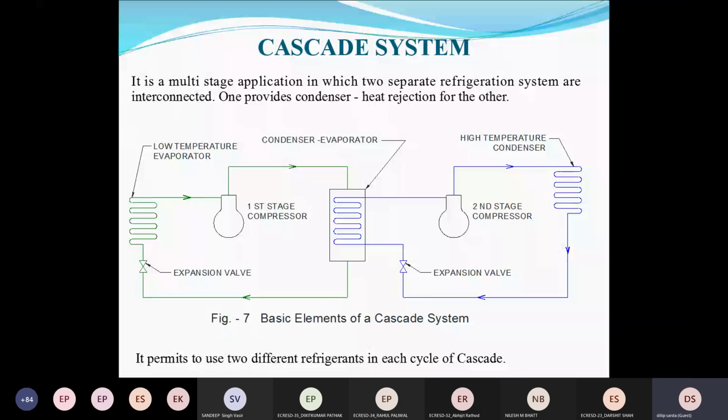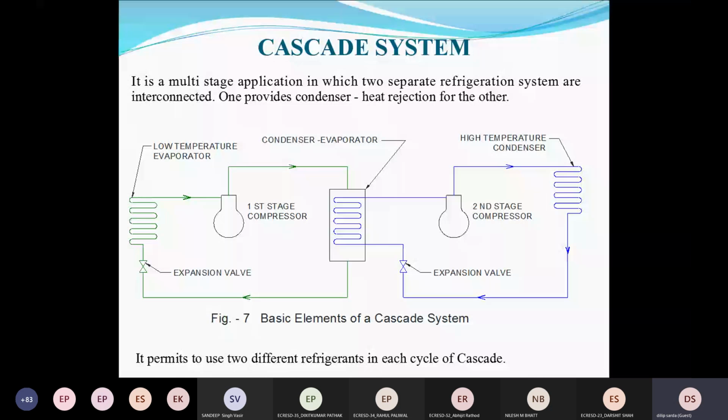Friends, today we are all talking about natural refrigerants. And when we talk about natural refrigerants, ammonia and CO2 come into the picture. But as I already explained, ammonia has a very high discharge temperature at a higher compression ratio. That's why there is a limitation for ammonia.